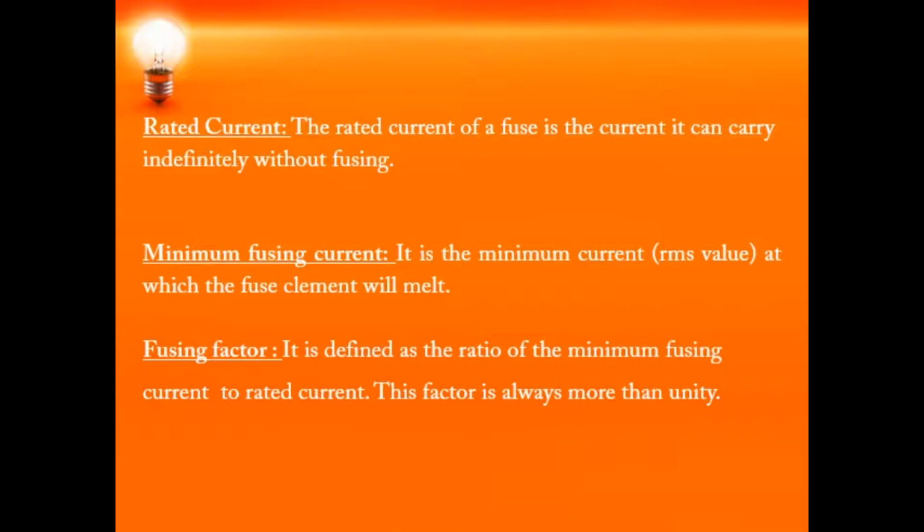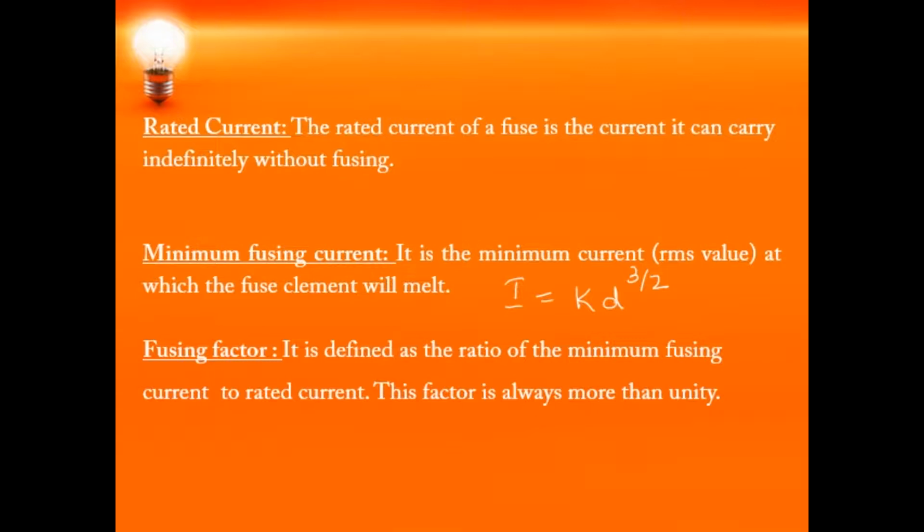An approximate value of the minimum fusing current for a round fuse wire will be given by I = K D^(3/2), where K is a constant depending upon the material of the fuse wire, and D is the diameter of the wire.